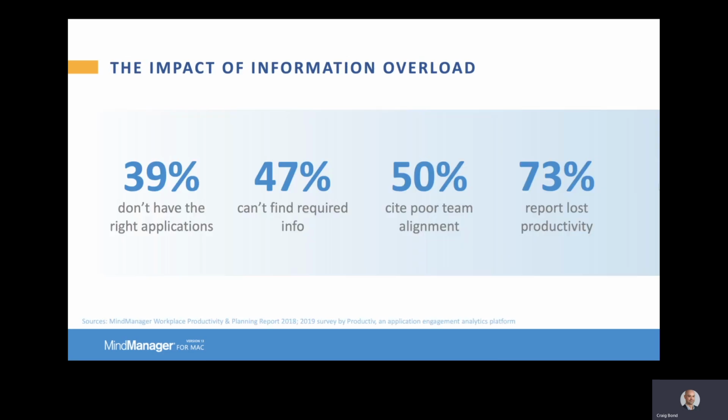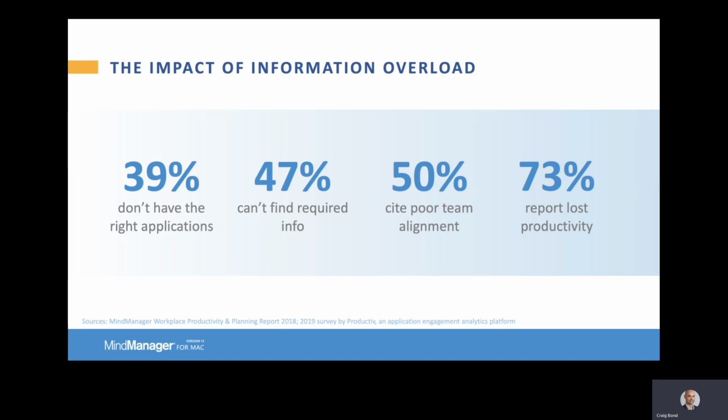Just to throw some numbers out there, there's a true cost to improper information management in the business world. We have 39% of workers who say that they don't have access to the right applications to do their job, and 47%, so nearly half, say they can't reliably find the information required to do their jobs. And yet another 50% claim that projects fail at their organization due to poor team alignment. And in total, 73% of all workers say they could be more productive if they could somehow spend less time managing incoming information.